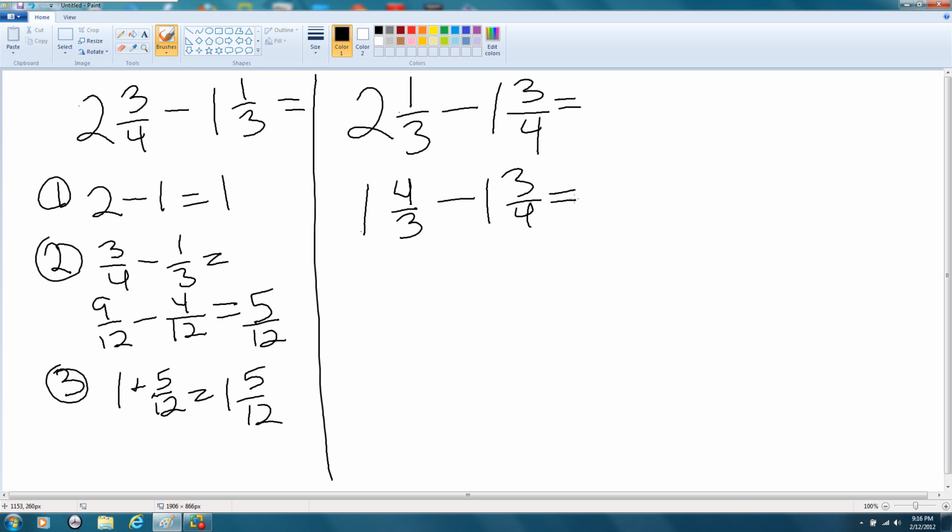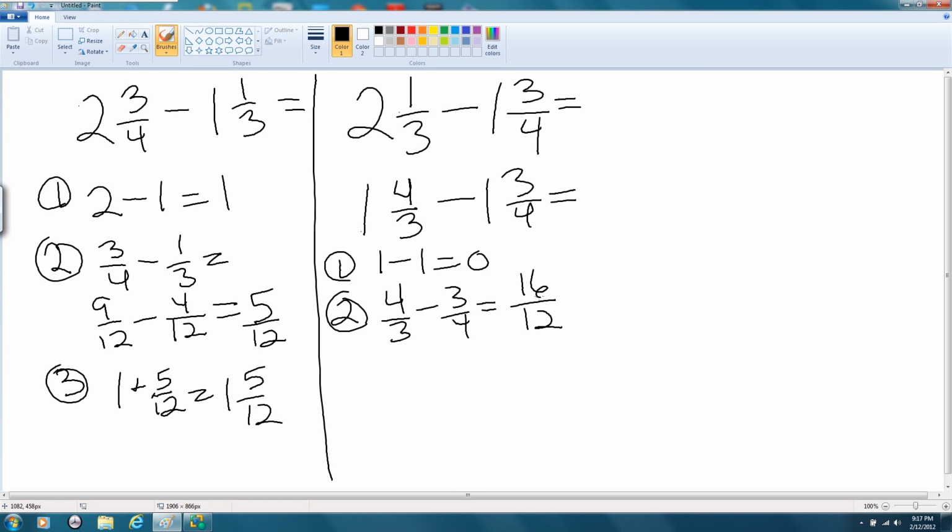Now we can do this. We're going to do the 2 parts again like we did before. 1 minus 1 is 0. The second part is we're going to take 4/3 minus 3/4, and we're going to make it 12ths, so that's going to be 16/12 minus, multiplying top and bottom by 3, 9/12.